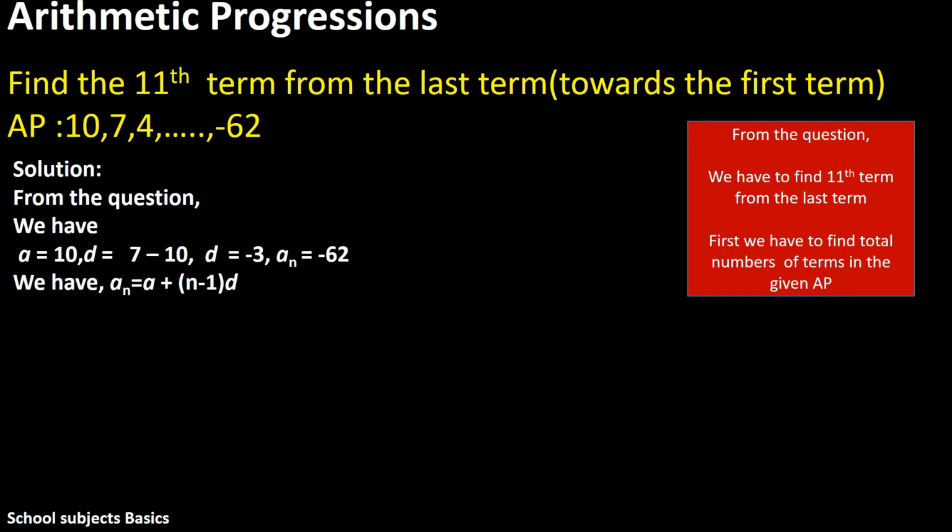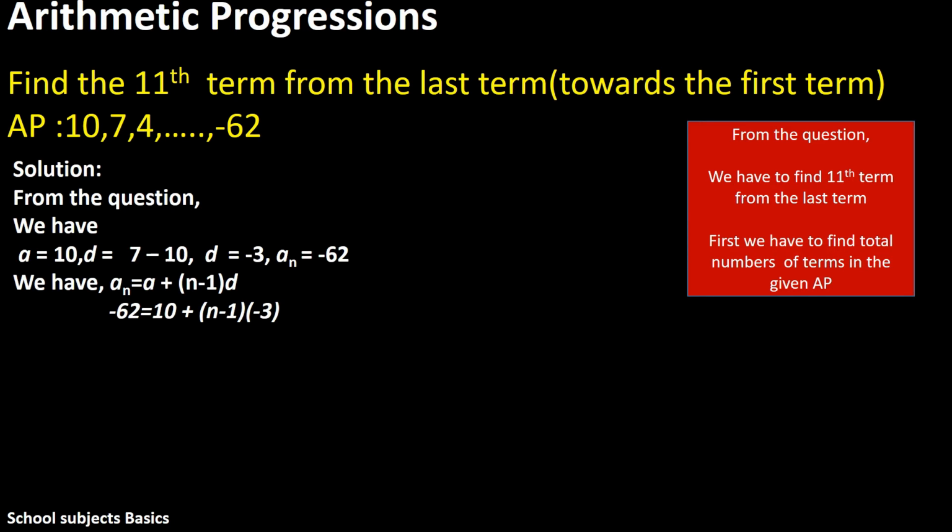We know a(n) is minus 62, so we substitute: minus 62 is equal to a, the first term, which is 10, plus (n minus 1) into d. The value of n we don't know, that is the total number of terms. We also know d is the second term minus the first term, that is 7 minus 10, which is minus 3.